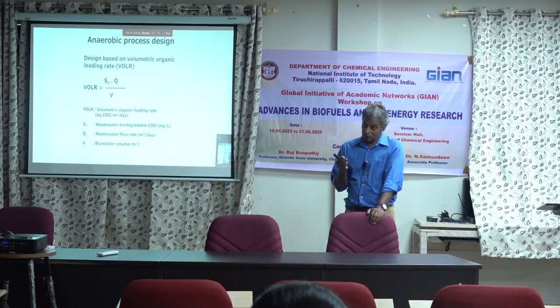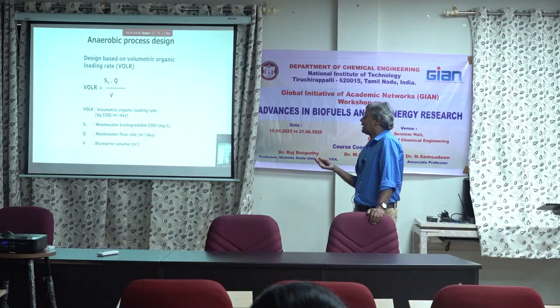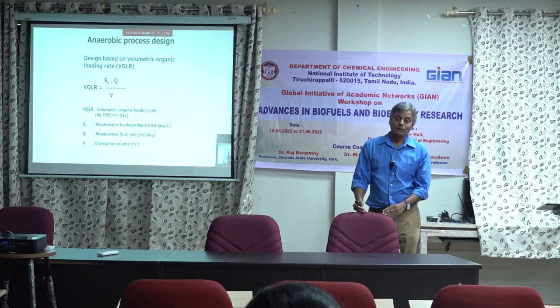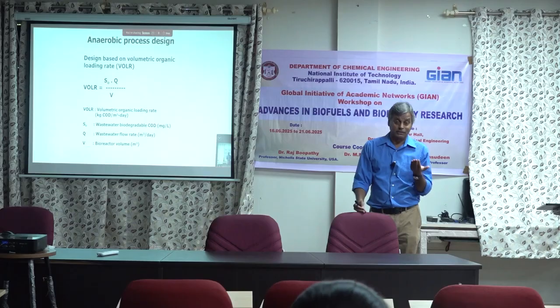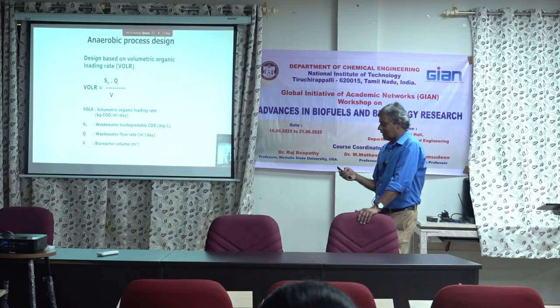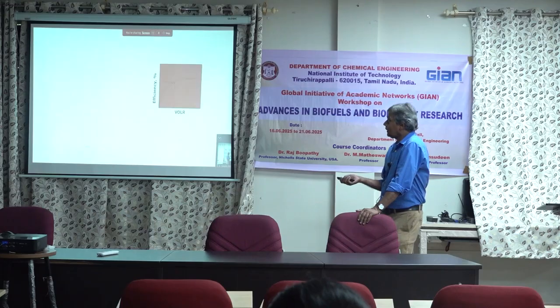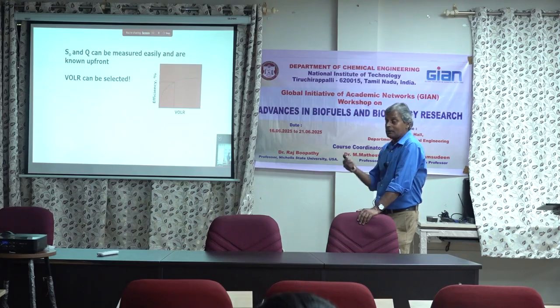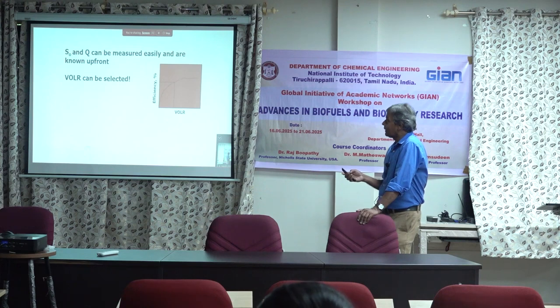And you need the entire volume of the bioreactor. Those are the three things you need to know. If you know those parameters, you can figure out upfront how much volumetric organic loading rate you can put in.